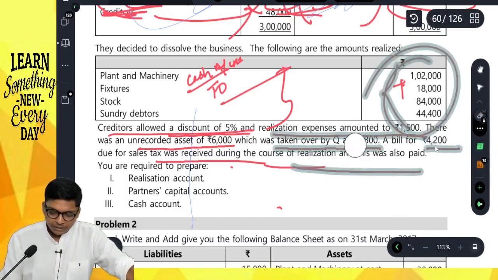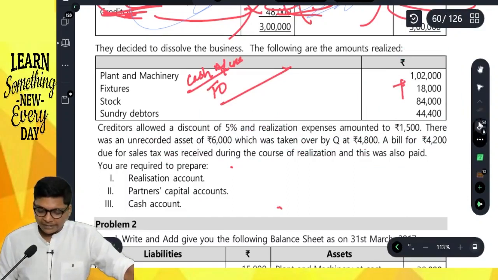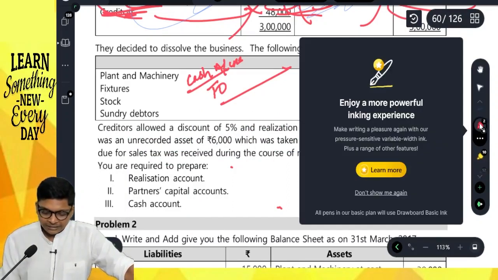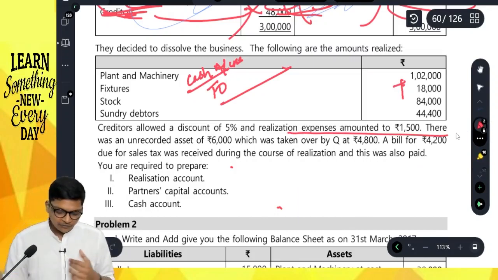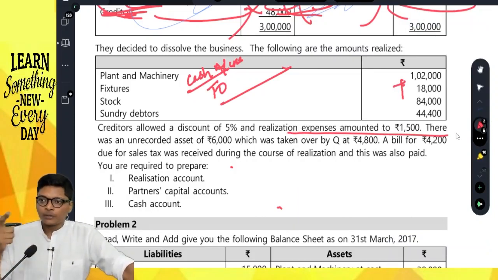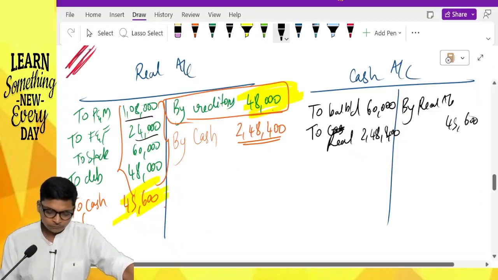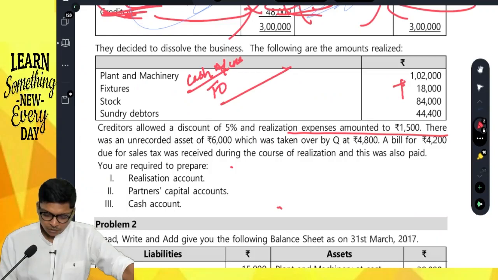He is saying realization expenses. Let's go one by one. Let's not complicate it. What is he saying? Realization expenses amounted to 1,500. How to account? Realization to cash. So I'm doing direct posting to cash. How much?